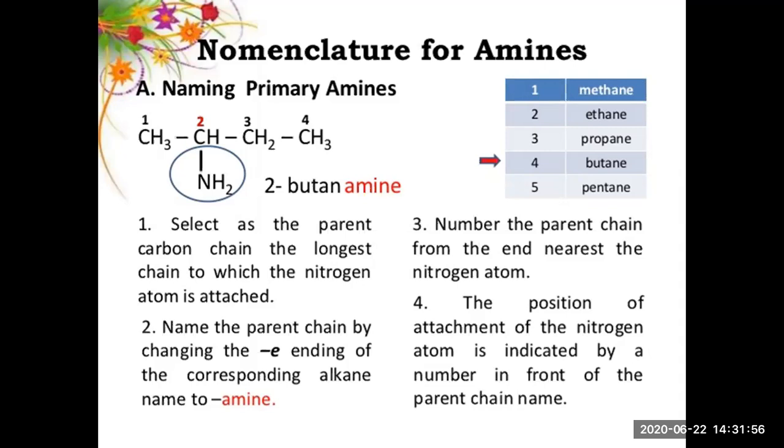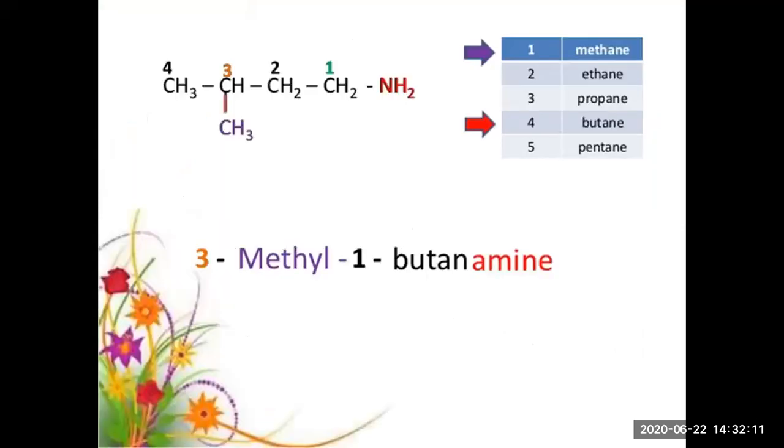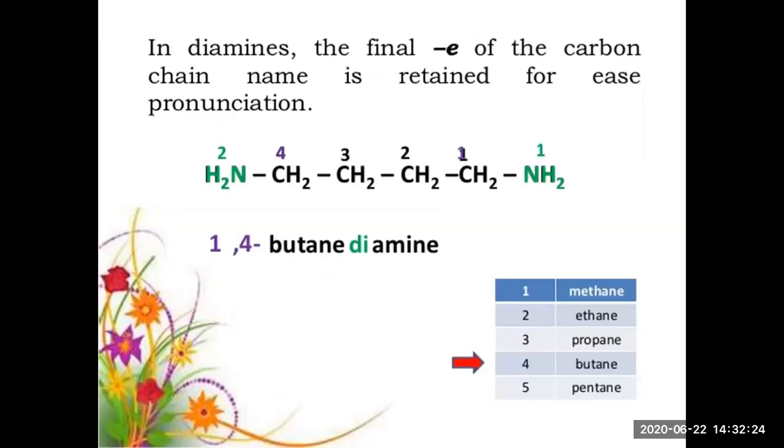Parent chain names: one, methane; two, ethane; three, propane; four, butane; and five, pentane. So this is all about the arrangement of the nitrogen. Methyl, one, butane, amine.